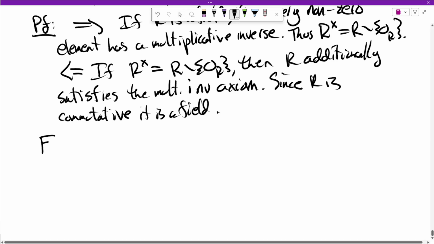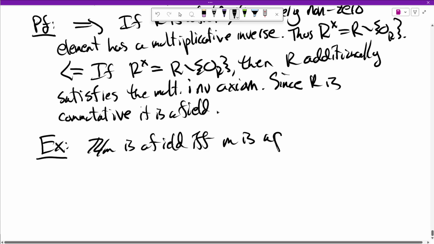As a quick example, we saw that Z mod M is a field if and only if M is a prime number.